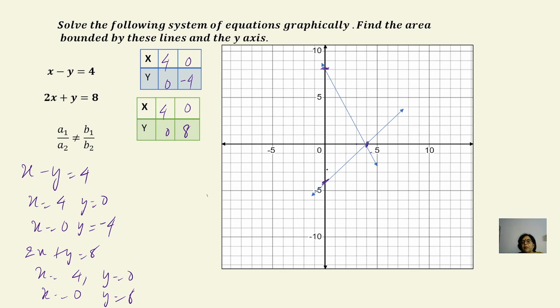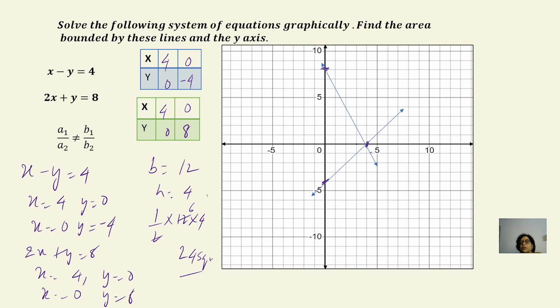So 8 plus 4 is 12. So base B is 12. Height H is 4. So half base into height, half into 12 into 4, is equal to 24 square units. So the area of this triangle is 24 square units.